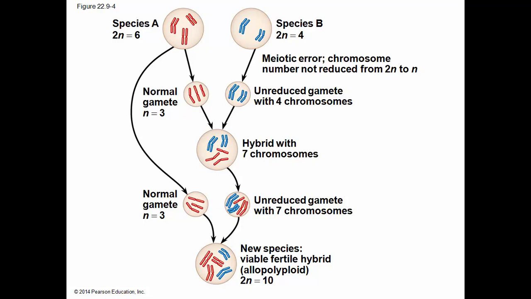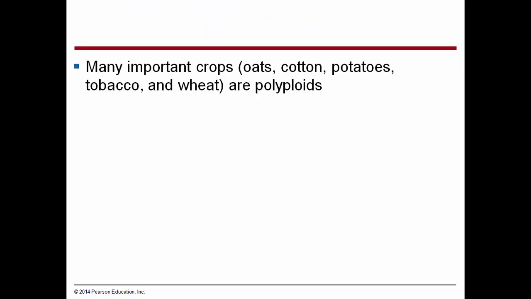So it's diploid with 10 chromosomes, and then it becomes viable. Many important crops, oats, cotton, potatoes, tobacco, and wheat are polyploids. In fact, scientists speculate that as much as 80% of plant species are polyploids, or originated with polyploidy.